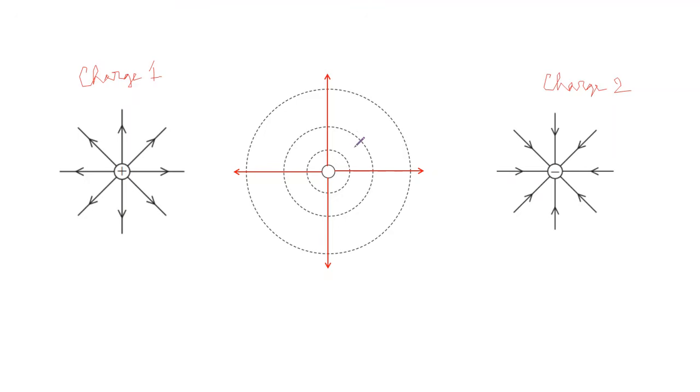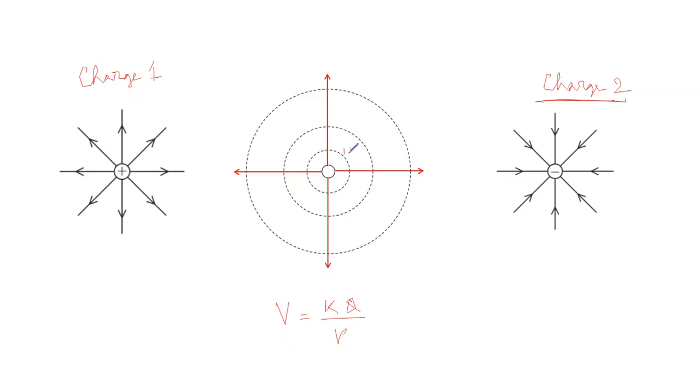When it comes to the values, always remember, if the charge is positive, the potentials will have positive values. If the charge is negative, the potentials at the surface will have negative values. And the equation for electric potential is V equals KQ by R. I can give you some reference values.